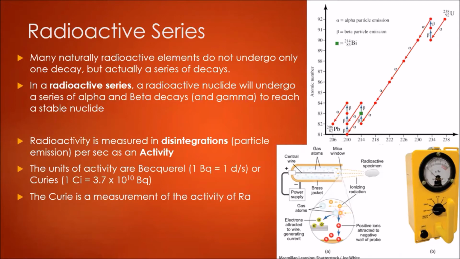Uranium to thorium, then thorium to radium, radium to radon, radon to bismuth, bismuth to what? Not bismuth, but polonium, polonium to lead. Actually, I missed something.